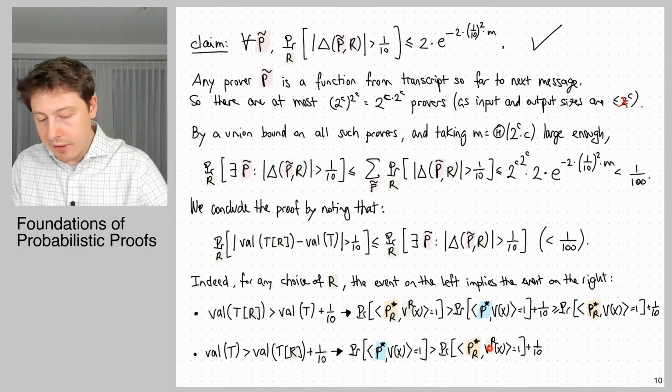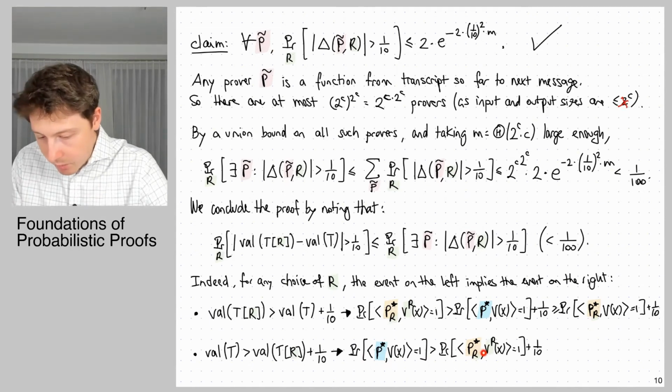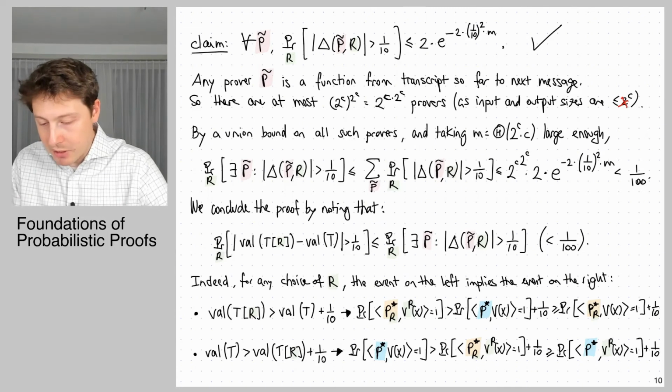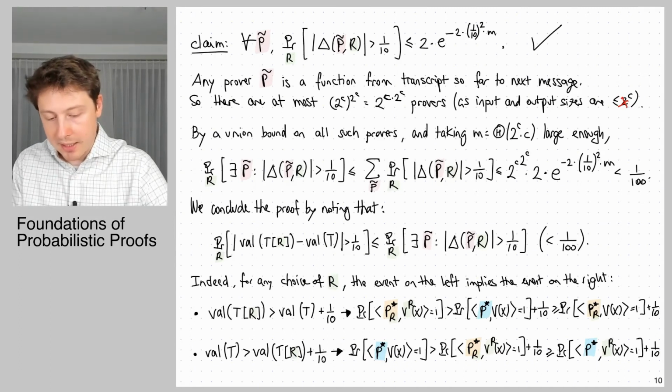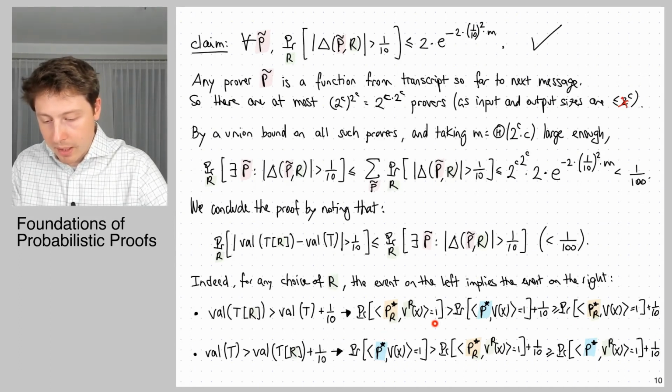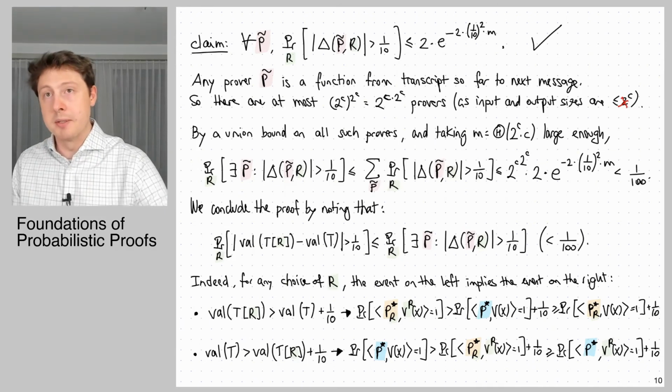But again, the funky verifier cannot be worse. This prover cannot be worse than the verifier that was playing over here. So now we're saying that this prover is the one that separates the two probabilities.